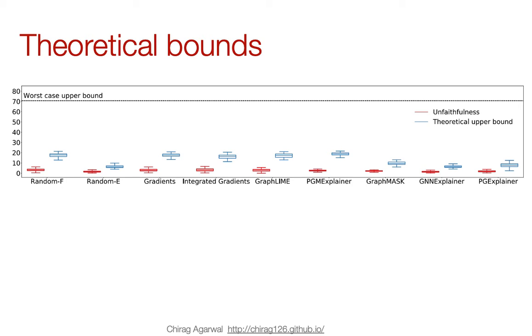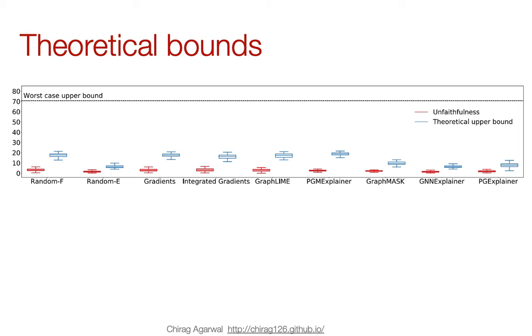We now move to a verification of our theoretical bounds. In the figure, we see the empirically calculated unfaithfulness in red and our theoretical upper bounds for faithfulness in blue across 9 different GNN explanation methods. The empirical values and the theoretical bounds for unfaithfulness indicate that no violation of bounds was detected in our experiments.